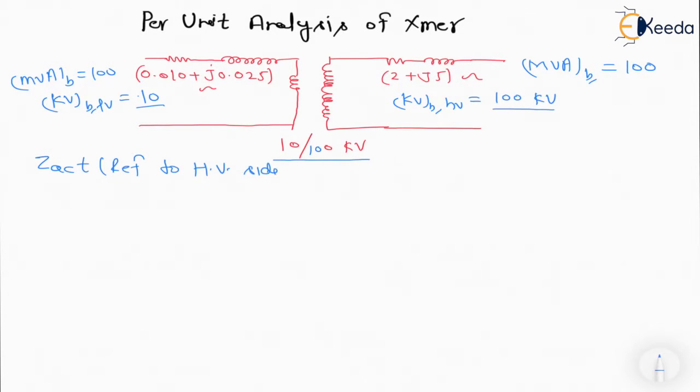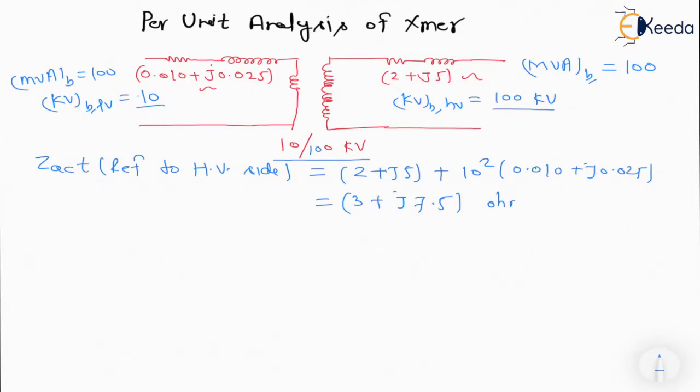Now we are going to find out Z actual referred to HV side. This value will be equal to, first write 2 plus j5, plus this LV impedance. When it is referred to HV, it will increase by 10 square, and this will become 0.010 plus j0.025. So overall it will be 3 plus j7.5 ohm.